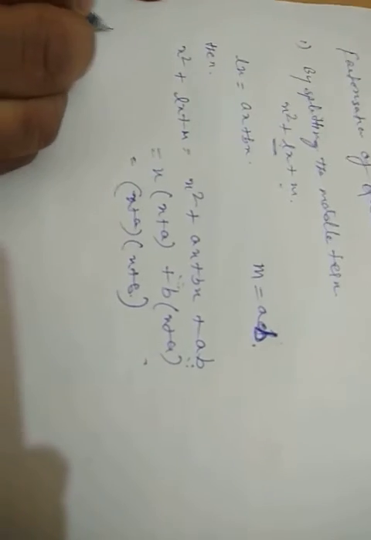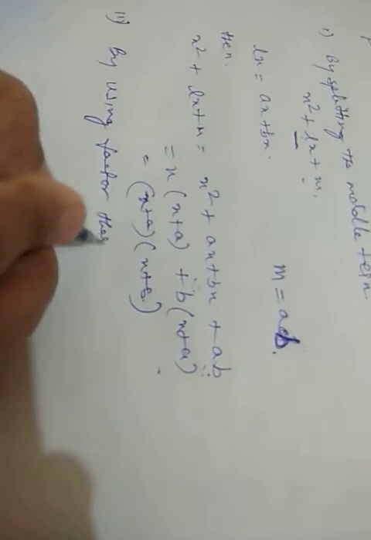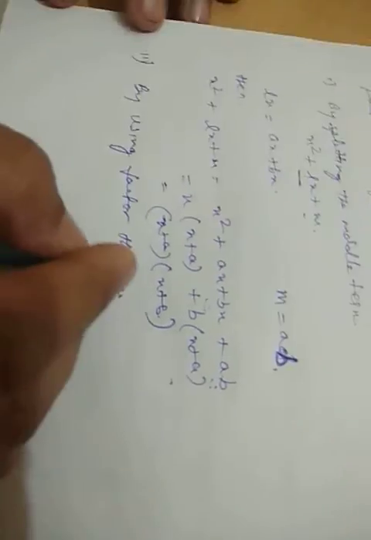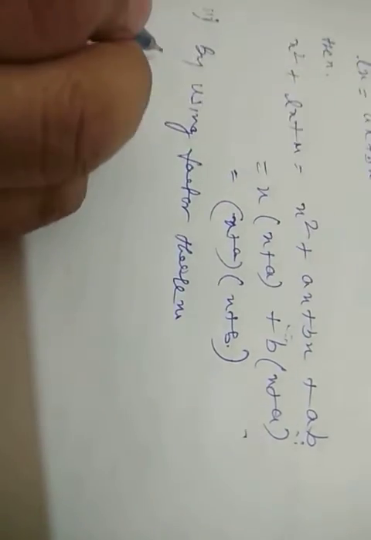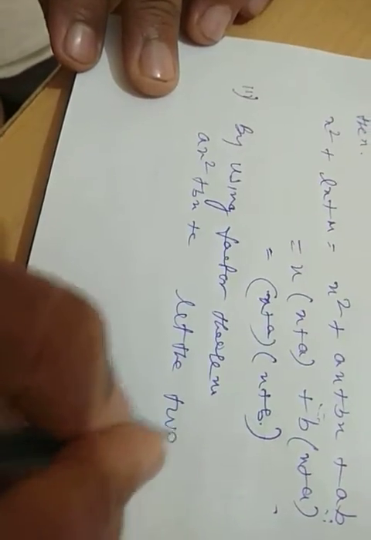This is by splitting the middle term. Second, by using the factor theorem. Using the factor theorem, suppose that ax square plus bx plus c is the quadratic polynomial. Let the two factors be x minus alpha and x minus beta.